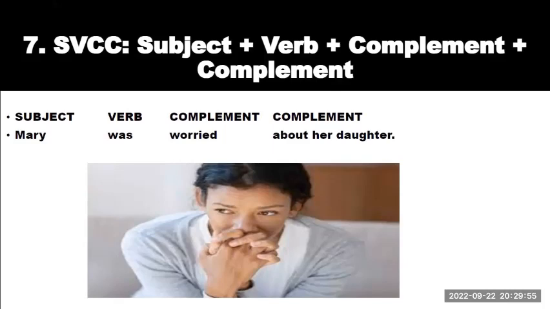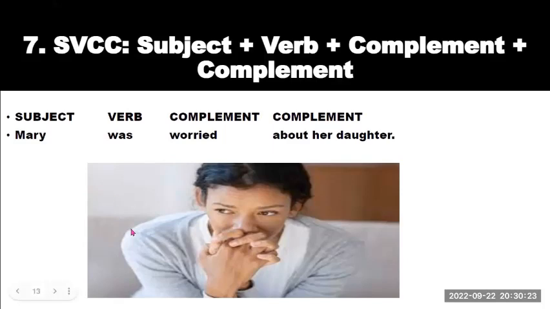And so a good answer could be because of her daughter, about her daughter. So you see, that is exactly what we find here. And essentially, this is doing the job of an adjective complement. Mary was worried about her daughter, okay?